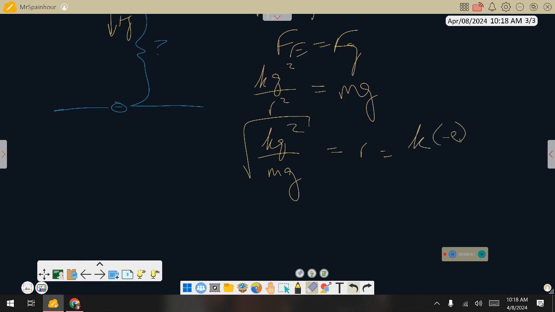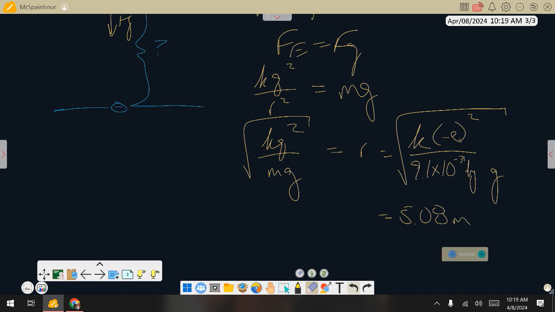So here we are, negative e squared, divided by, what's the mass of an electron? I usually use 9.1, but 9.11 times 10 to the negative 31st kilograms, and g is 9.8, like it always is. Plug all those numbers in, and if you've done it correctly, you should end up with 5.08 meters.